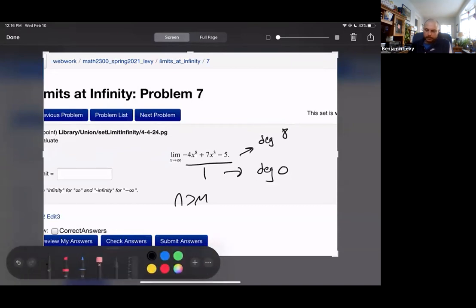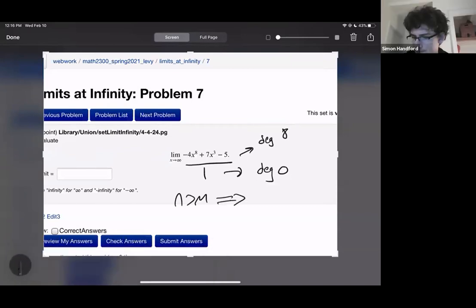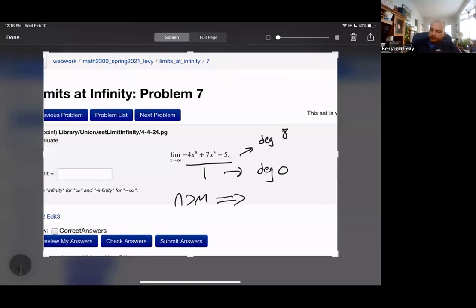Simon? Hold on, I'm looking at my notes. Sure. So then if n is greater than m, then both limits are infinite? Yeah.